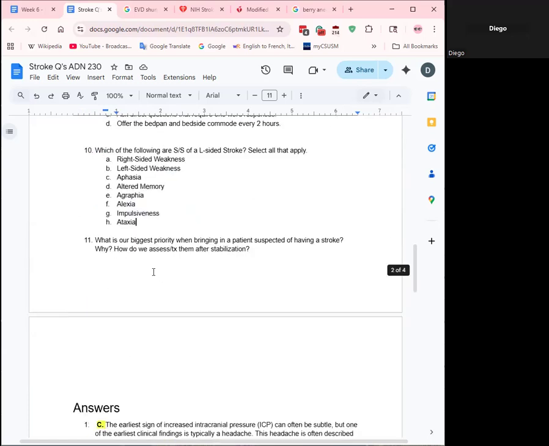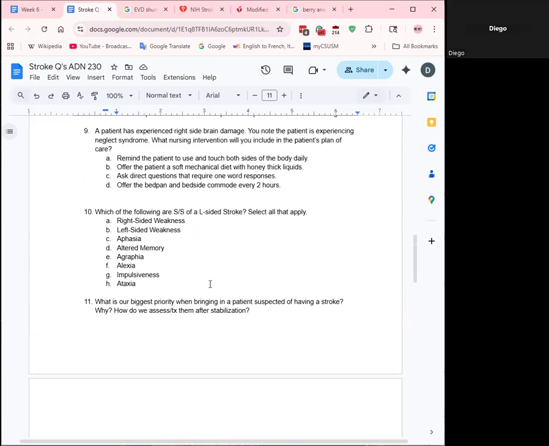Okay, and then the last one, this one's an open response: what is the biggest priority? So you have a patient that's suspected of having a stroke. What is your biggest priority once you bring the patient into the hospital? Perfect. Yeah, so you're going to want to do that CT scan as soon as possible, specifically a non-contrast.